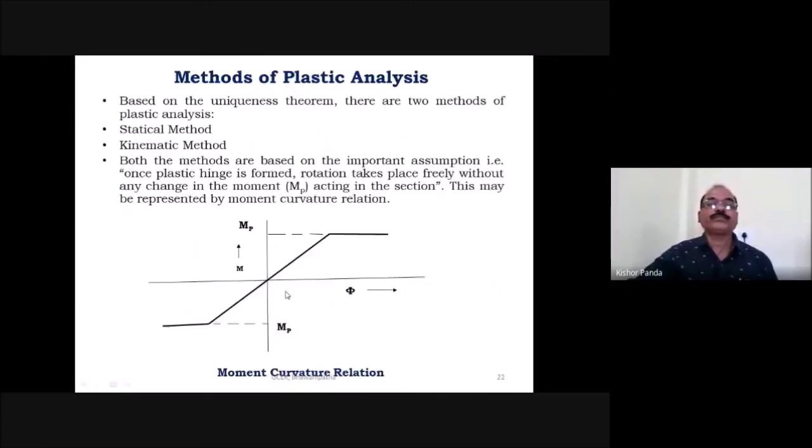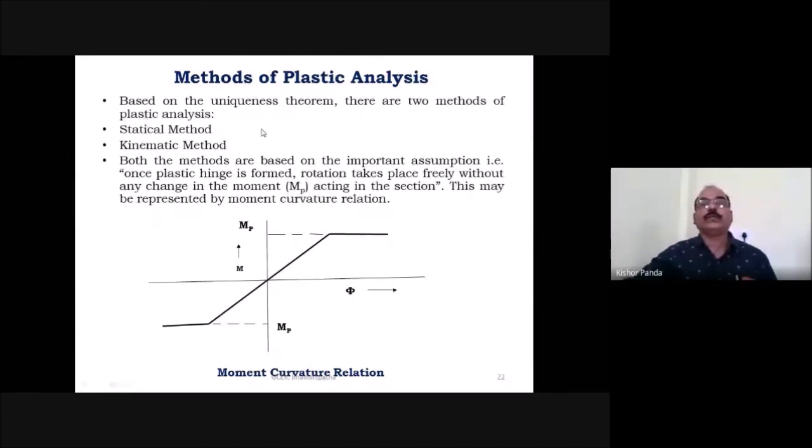So these are the methods of plastic analysis. Based on the uniqueness theorem, there are two methods of plastic analysis, the statical method and the kinematic method. Both methods are based on an important assumption: once a plastic hinge is formed, rotation takes place freely without any change in the moment acting on the section.